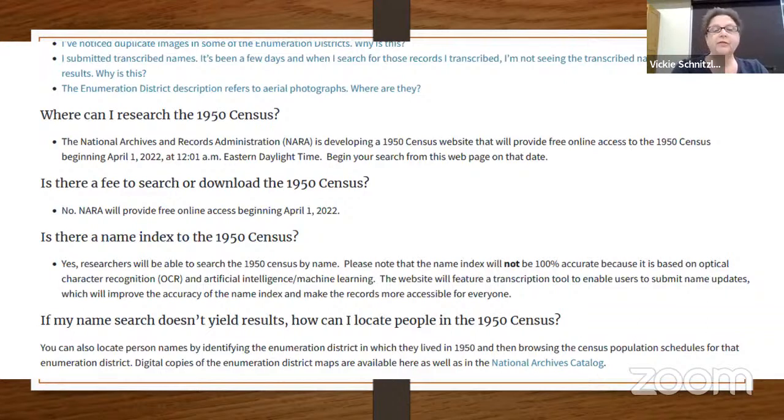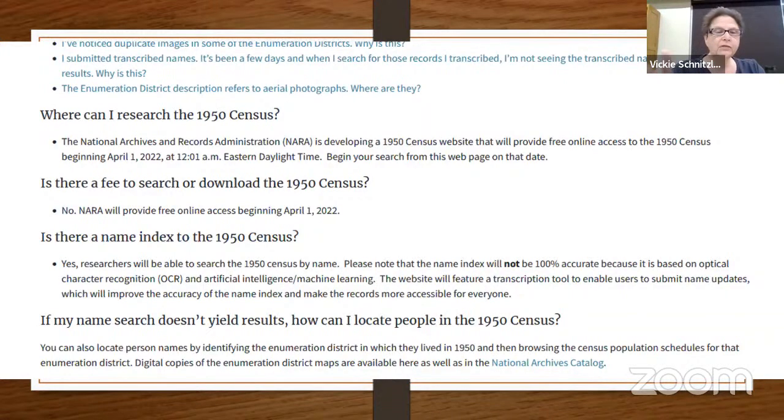Also, that first slide talking about when the schedules were available for people to first see. There's a lot of information in there. It talks about the Native American schedules.